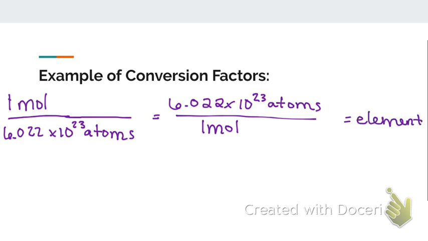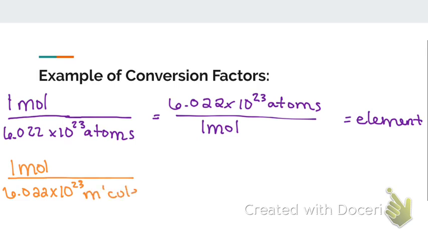The other option is you could say that 1 mole, and actually let me switch my pen color over, is to 6.022 times 10 to the 23rd. But instead of atoms, if you're counting something that's a compound, and specifically a compound with covalent bonds, we call them molecules. And we can abbreviate them as molecules.